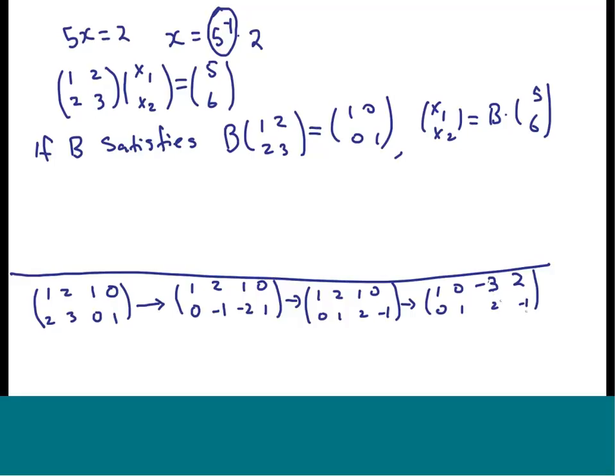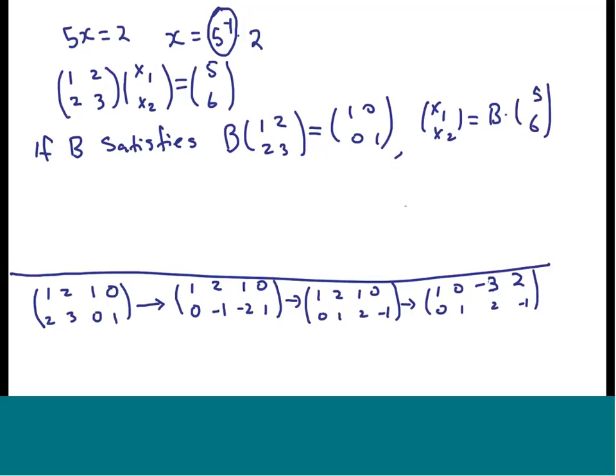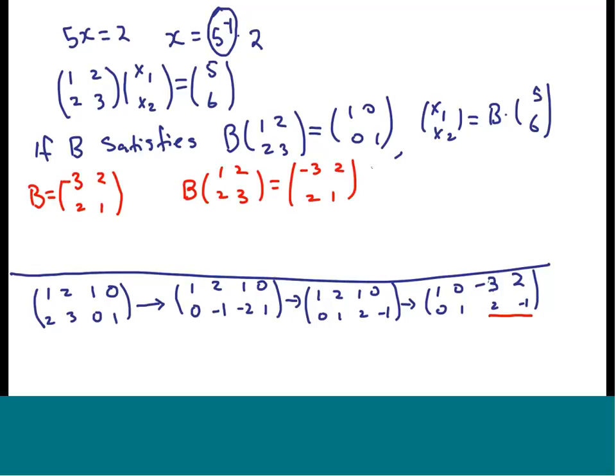You don't need to understand this for now. I'm going to tell you I can take B as this part: -3, 2, 2, -1. Let's see if it's correct. B times 1, 2, 2, 3 equals -3, 2, 2, -1 times 1, 2, 2, 3.